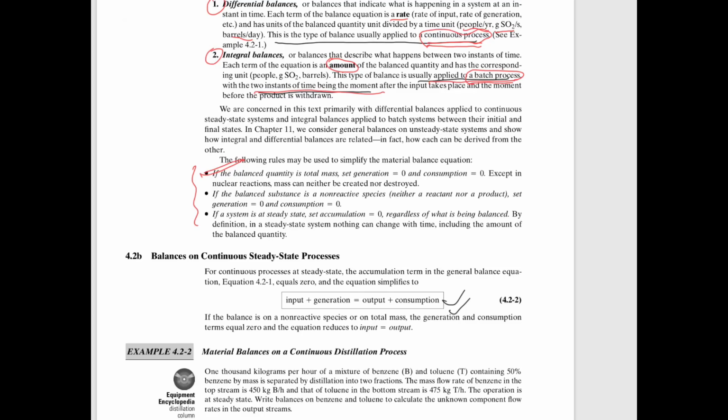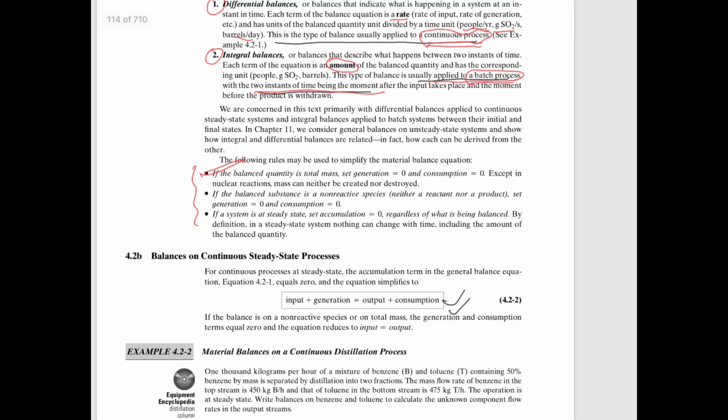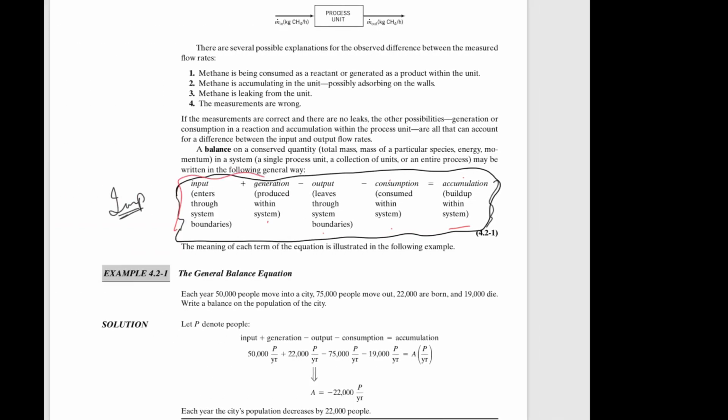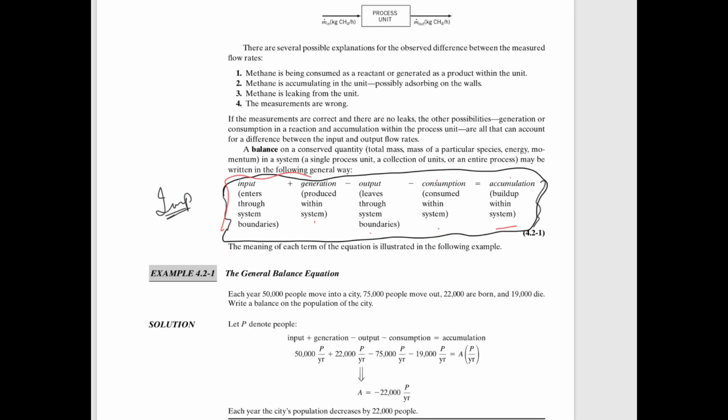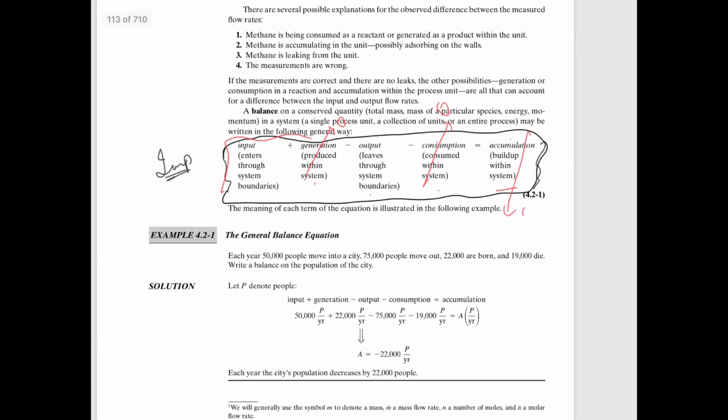But in general cases, for mass it will be input equals output. And if the balanced substance is non-reactive, this general balance would be reduced, and the generation term would be zero and the consumption term would be zero. And for steady state, the accumulation term is zero.